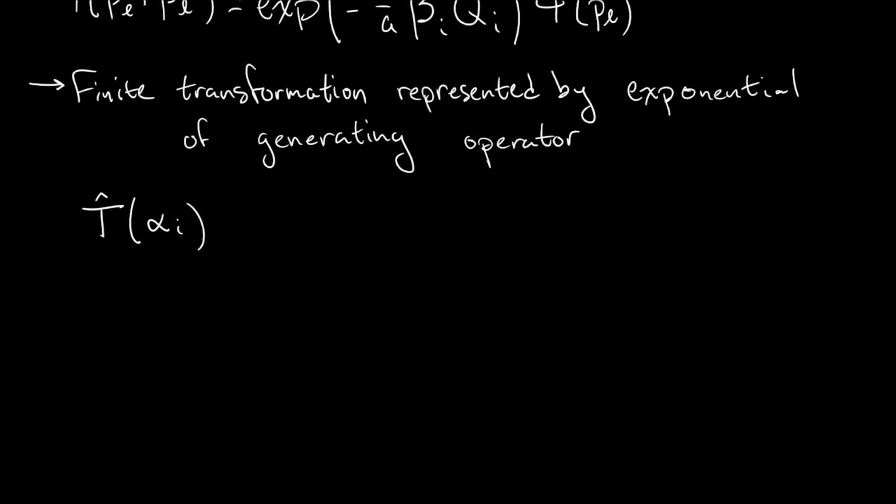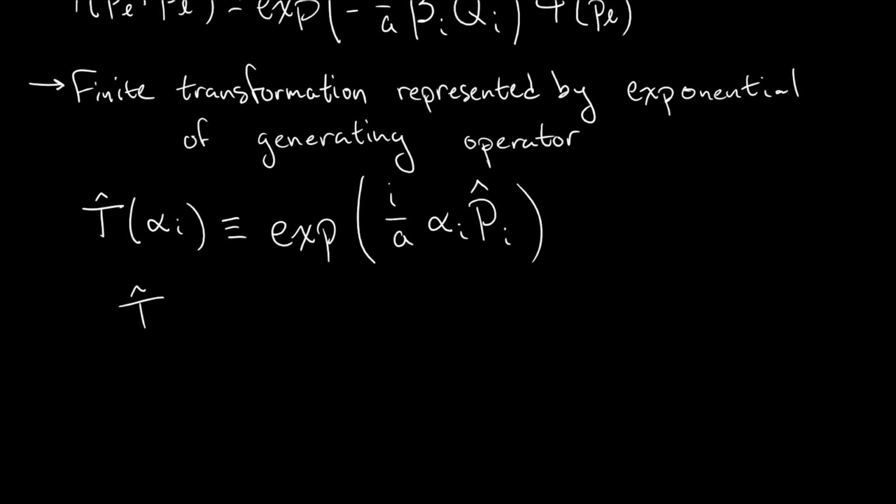So this has some transformation parameter associated with it, telling me how much I'm translating by, and it is defined as this exponentiated operator, alpha i, p hat i. For now, I can simply write T hat alpha acting on psi of q_l is equal to psi of q_l plus alpha_l.